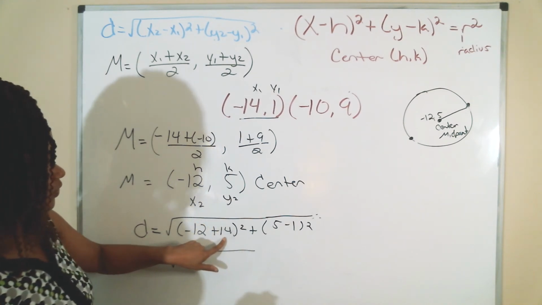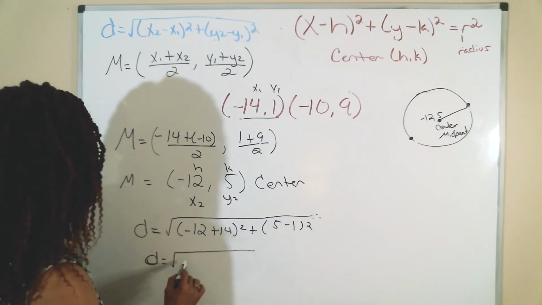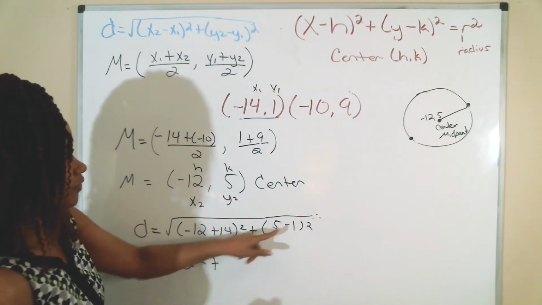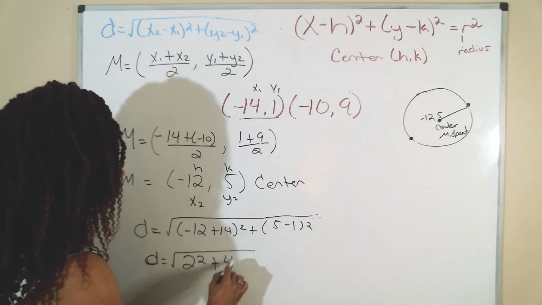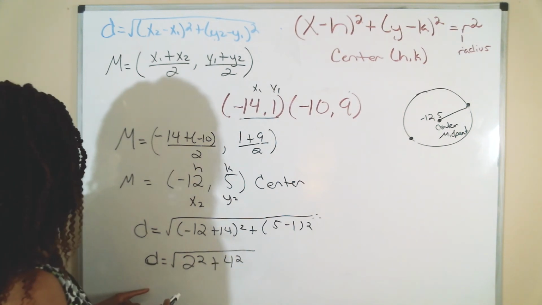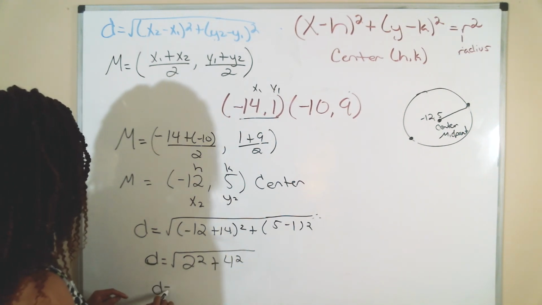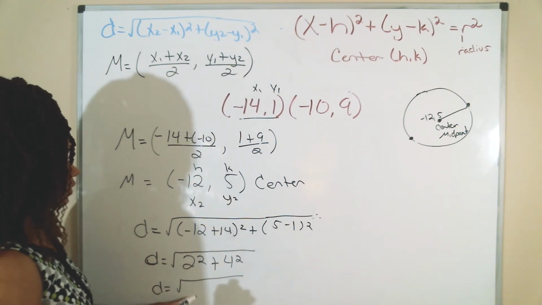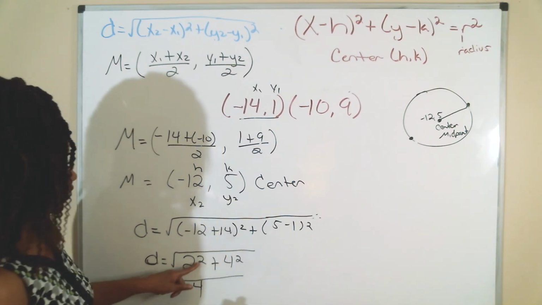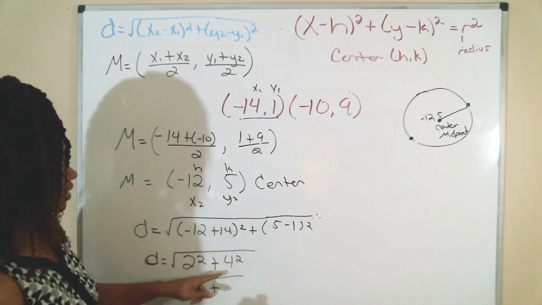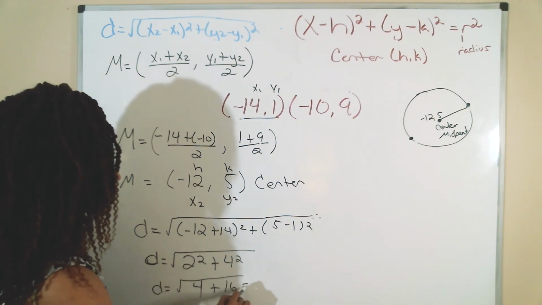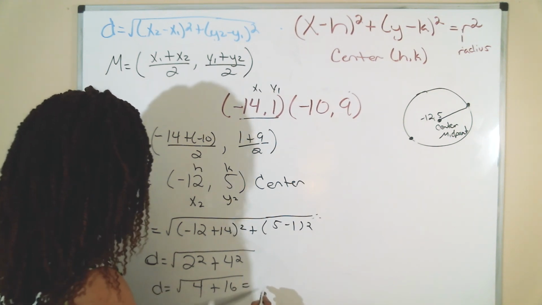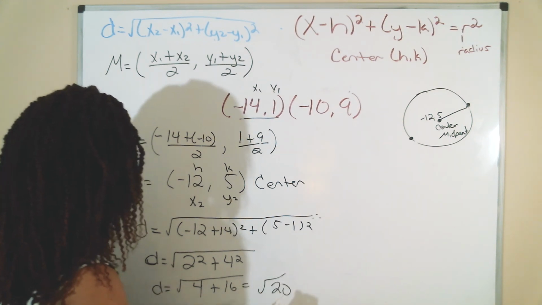Negative 12 plus 14 is negative 2. Not negative 2, positive 2. Plus 5 minus 1 is 4. Again, just simplifying it a little more. 2 squared is 4. Plus 4 squared is 16. And so my distance is square root of 20.